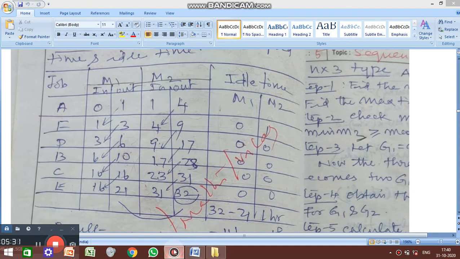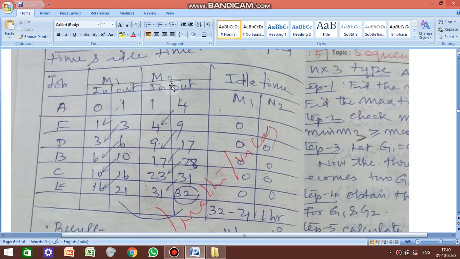Now to find M2, again we have to find the in time and out time. The in time for machine M2 is 1 unit, because after the end of this activity only can we go to the second machine for the activity.